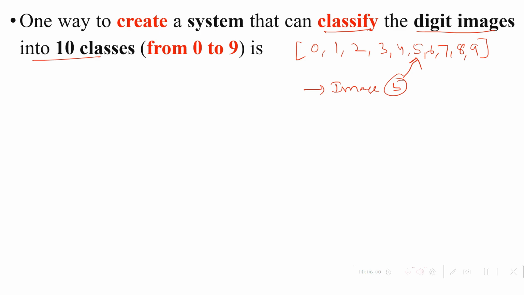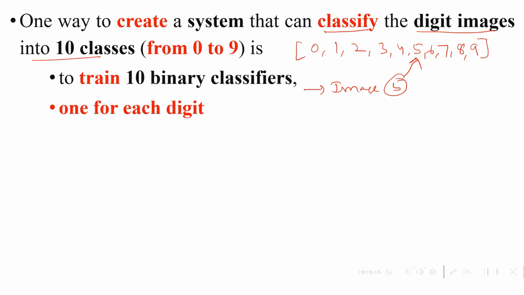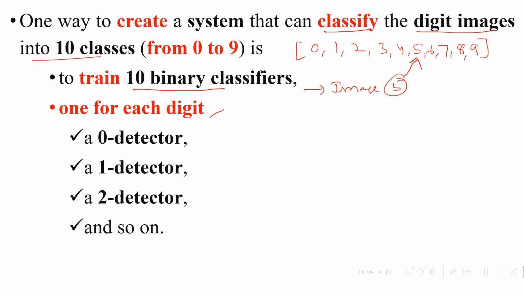There are different approaches to find the class label of a given image. One is to train 10 binary classifiers, one for each digit, like a 0 detector, a 1 detector, a 2 detector, and so on. For each digit we have to train a binary classifier.